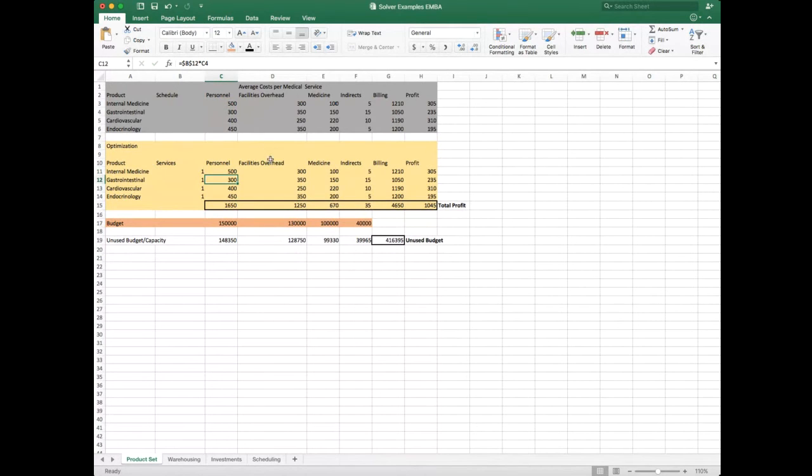And we have that. You see the same thing for facilities. It's nothing but the number of services we are offering for internal medicine times the facilities overhead cost for each internal medicine service. And we've got 300.